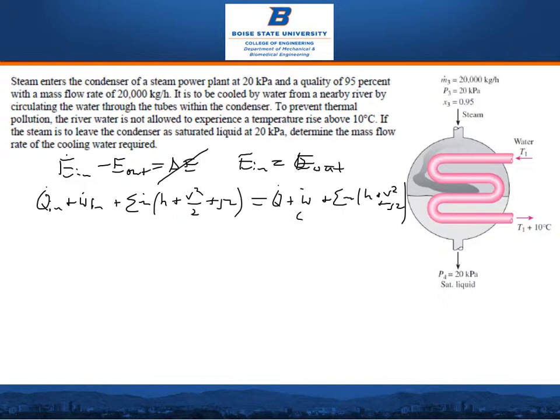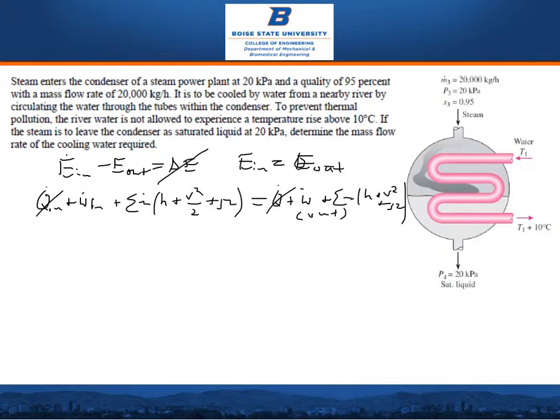This is all out. Okay, so another assumption that we're going to make is that there's no heat loss in or out of the system apart from where the water and the steam are circulating and changing, so we can get rid of that.